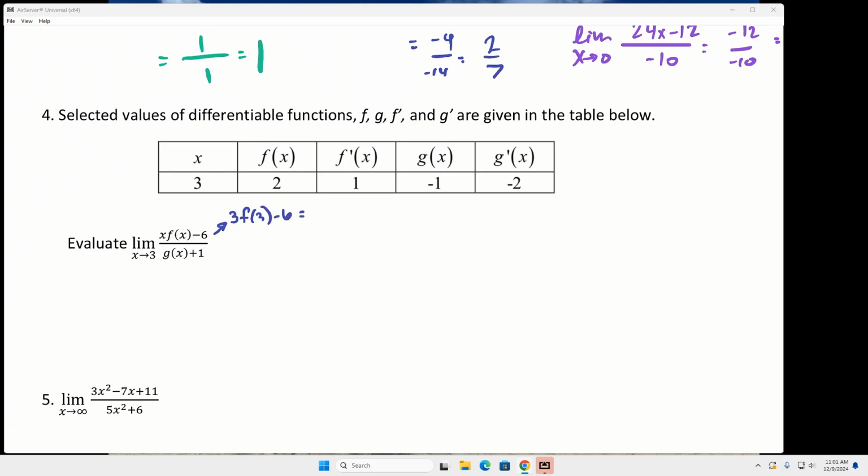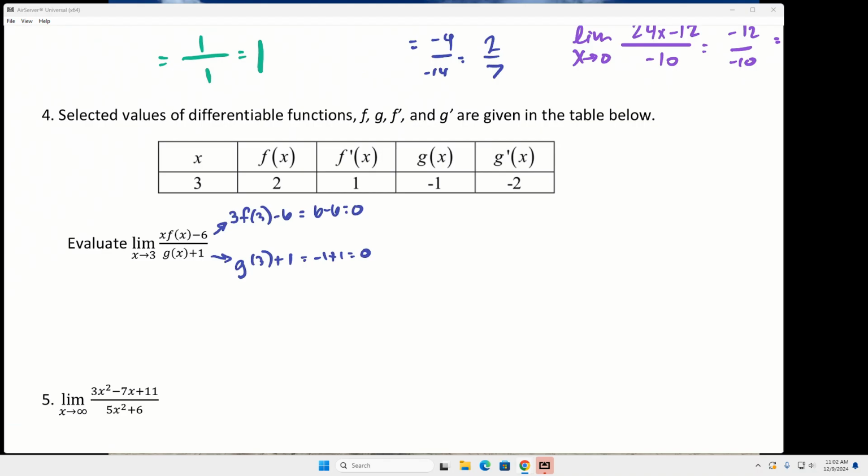And so f of 3 is 2, so then I get 6 minus 6 or 0. And then g of 3 is -1. Alright, so I do get indeterminate form.